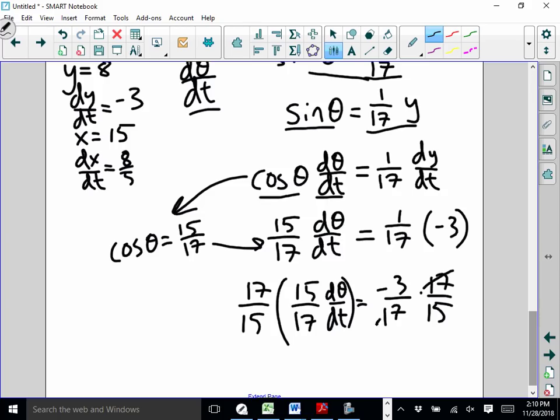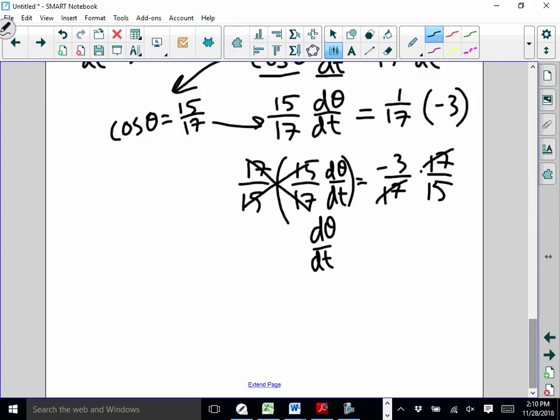I get d theta dt equals, the 17s cancel there. These I can reduce here. 15 becomes 5, so I can divide by 3, and the 3 becomes 1. So I get an answer of -1/5.